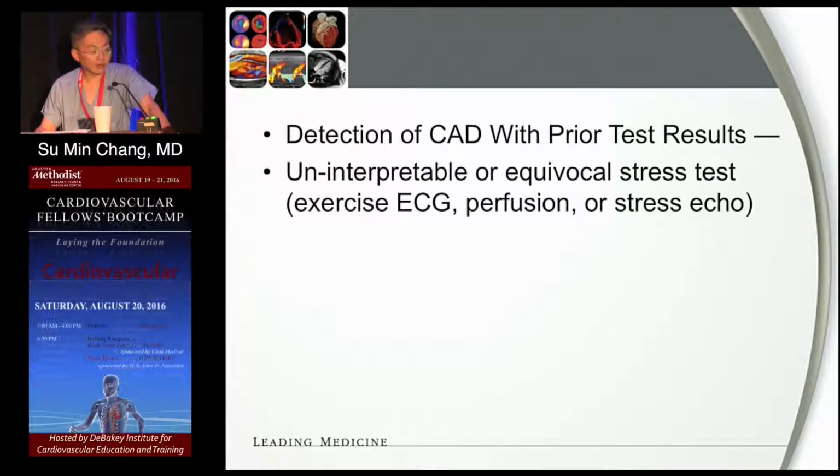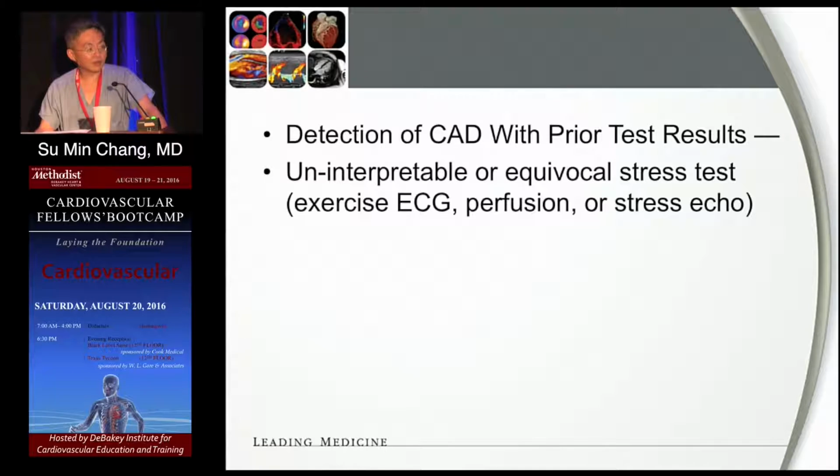But when you go out and practice in the office and you want to order a coronary CTA, insurance doesn't like it, because it's expensive for them, supposedly. So this indication is basically the buzzword. If you tell them the patient has chest pain and has an equivocal stress test or non-diagnostic stress test, they'll approve it right away.